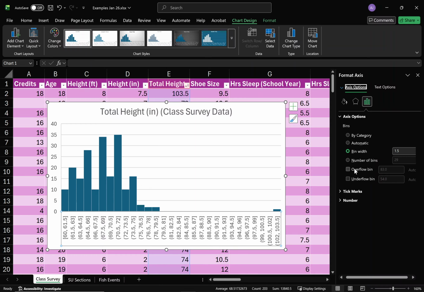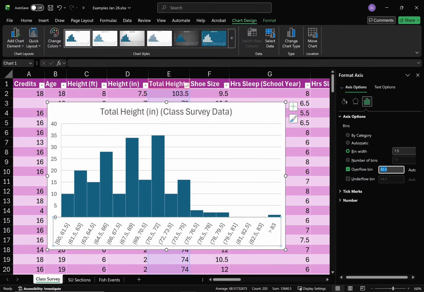There's also an option here for an overflow bin or an underflow bin. So this actually is a good example of one where you might want an overflow bin. Like maybe you just want to take everybody that said they're 7 feet tall or over and stick them into one bin. Let's see, what's 7 feet tall? 7 times 12, 70, 84.